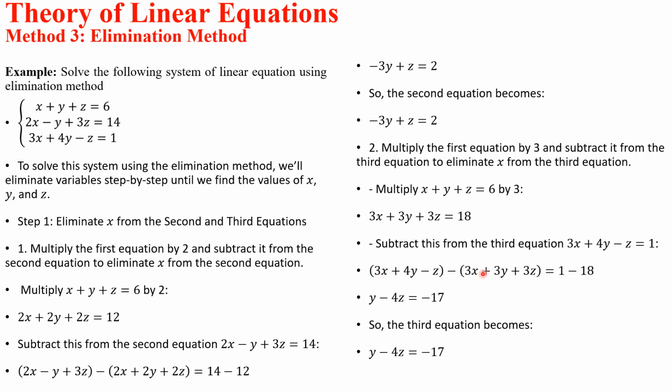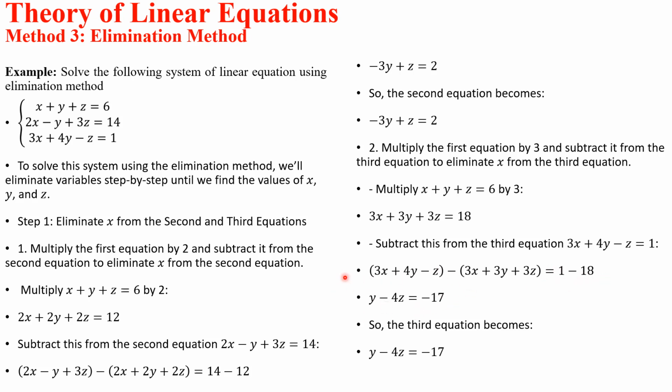So 3x minus 3x gives us 0. So we have successfully eliminated x from the third equation. Then 4y minus 3y gives us y, and minus z, minus times plus, gives us minus. So we have minus z minus 3z, that will give us minus 4z, equals 1 minus 18, which is minus 17.